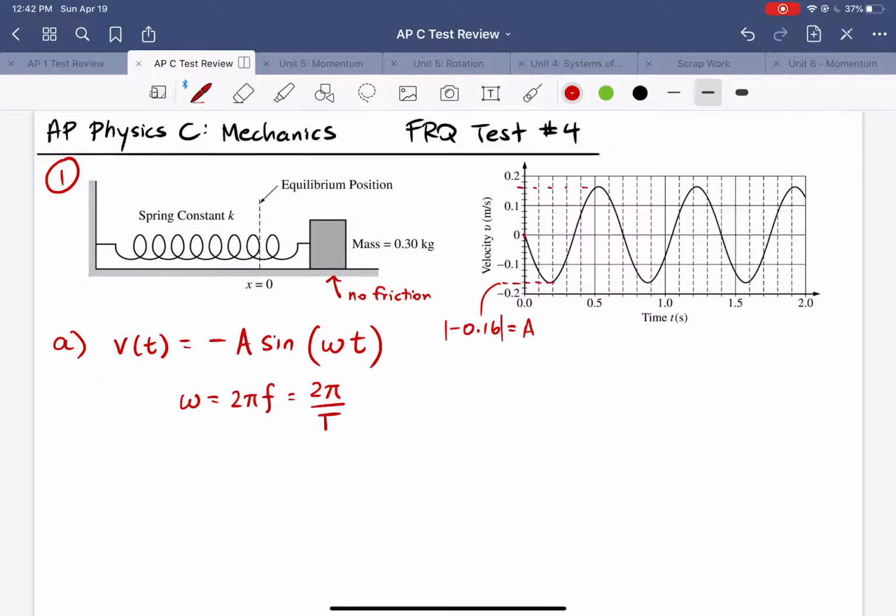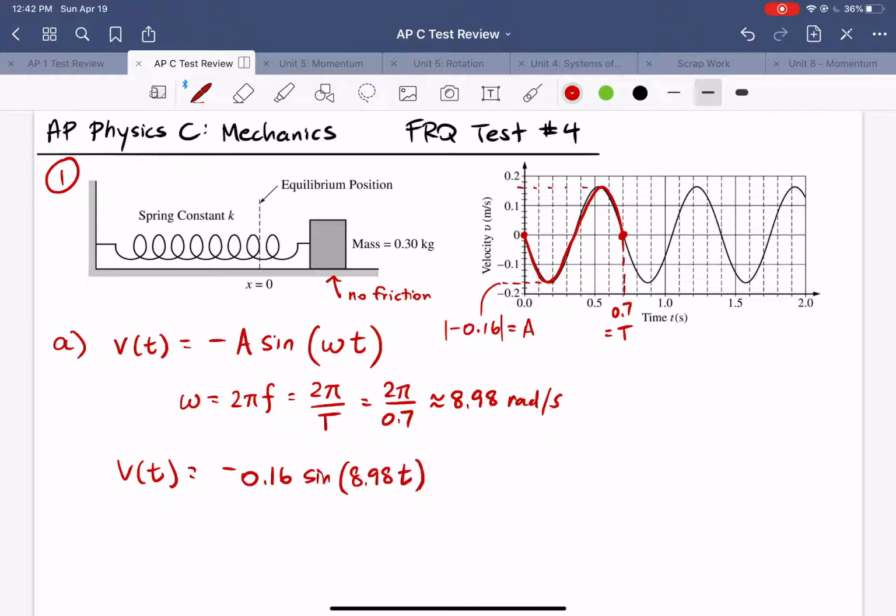The period can be read from this graph here. If I look at one complete oscillation here, this spans about 0.7 seconds. So that is my period T. So the angular frequency is 2 pi divided by 0.7, which is about 8.98 radians per second. So I can plug both of those values in, and I get v(t) is equal to minus 0.16 sine of 8.98t.